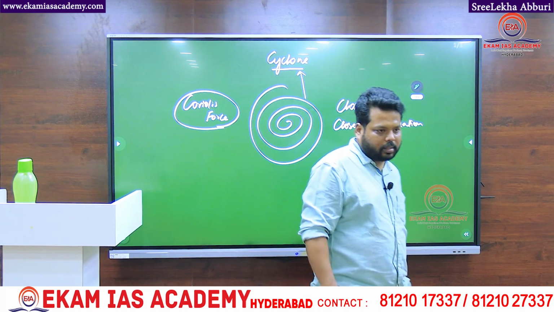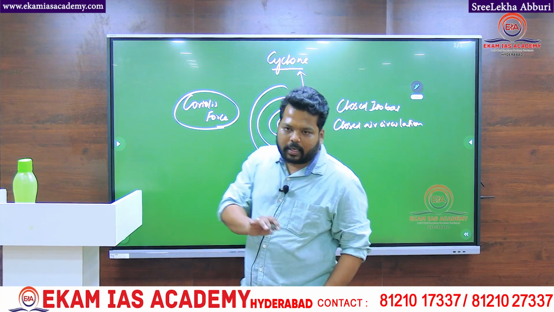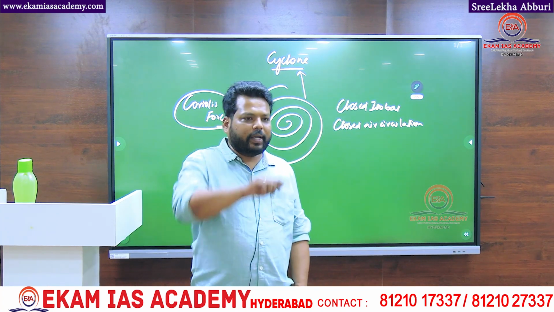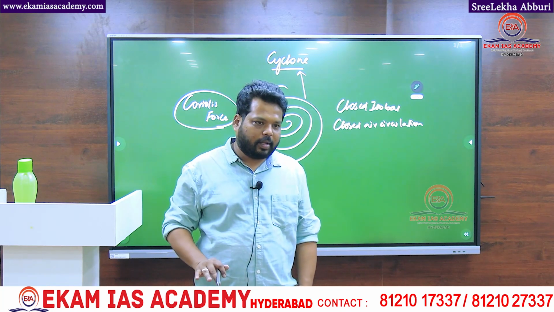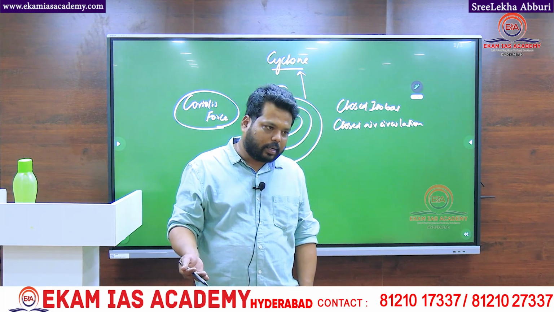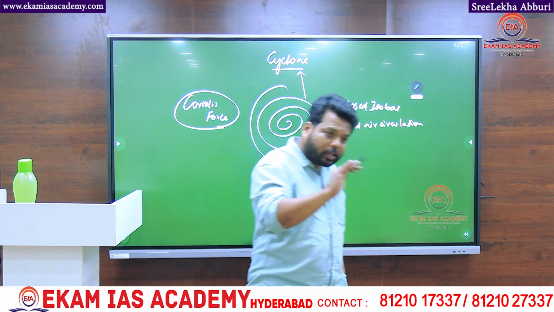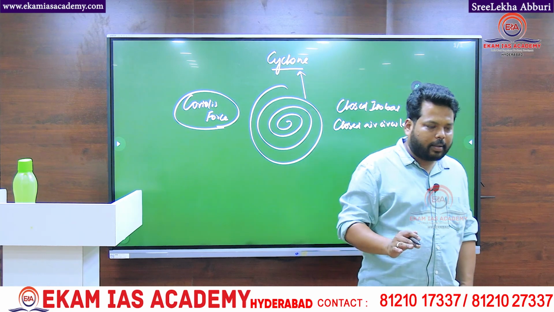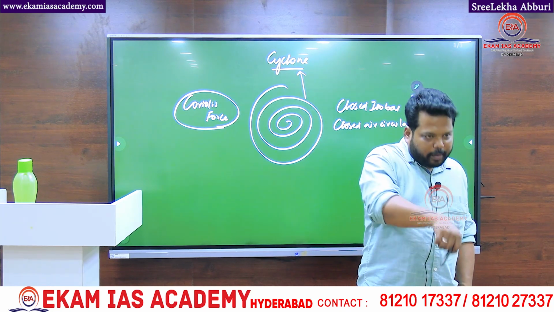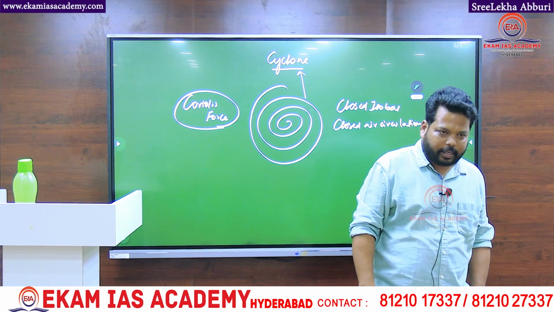Temperate? 35 to 45. It doesn't mean that cyclones would be moving only in the zone of 8 to 20. They may go beyond 8 to 20, they may go beyond 35 to 45. But the origin point is in between that zone.